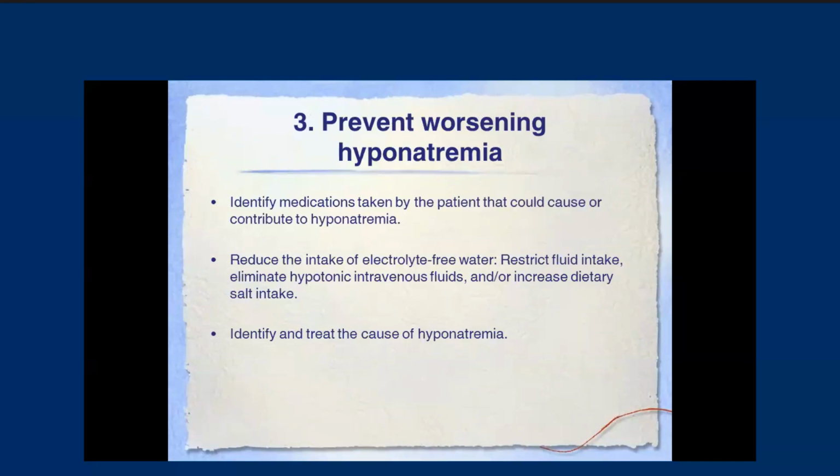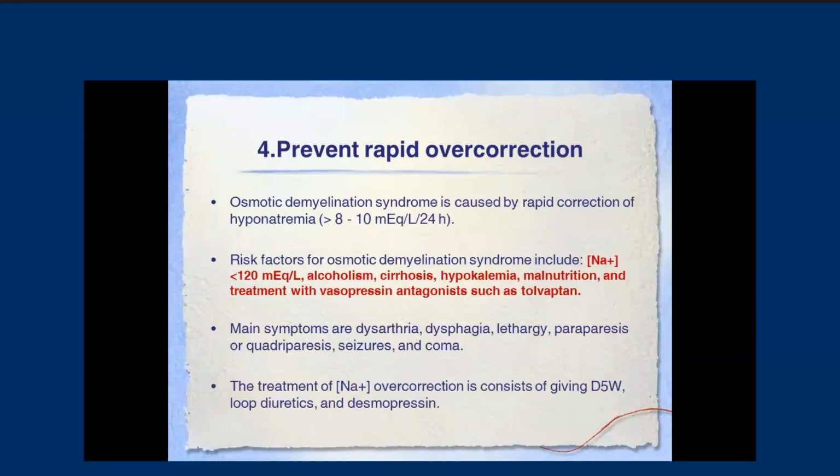We generally need to reduce electrolyte-free water, restrict fluid, and eliminate hypotonic intravenous fluids. And at times we can also increase the dietary salt intake. And if the cause of the hyponatremia is identified, it needs to be treated.